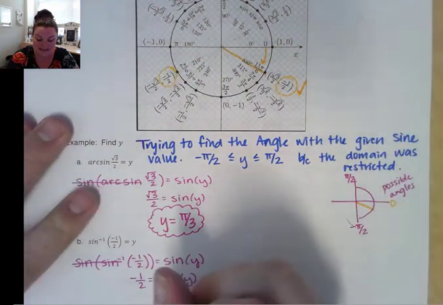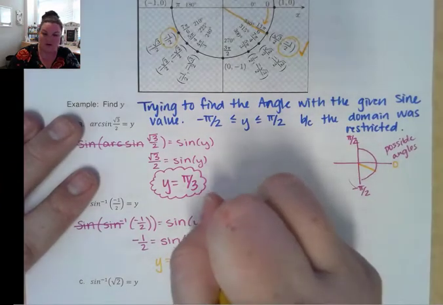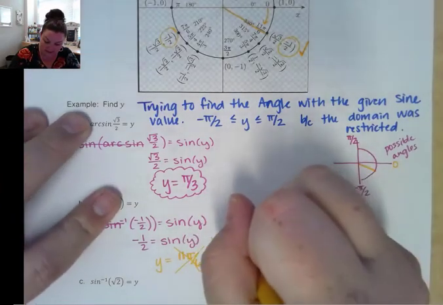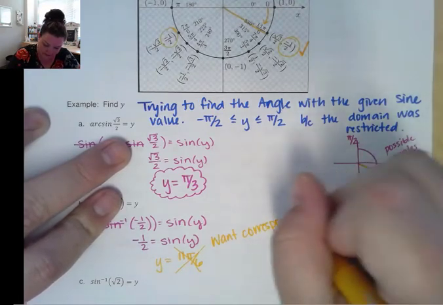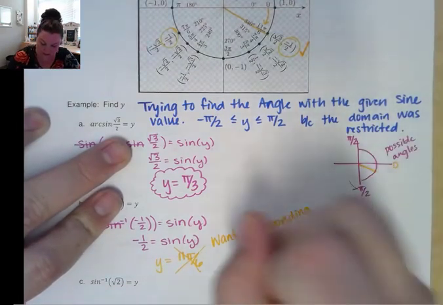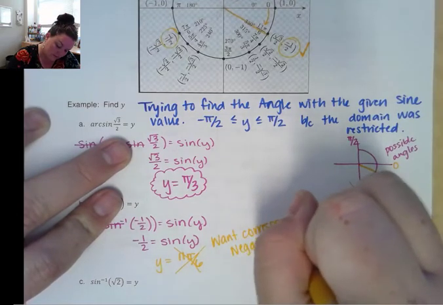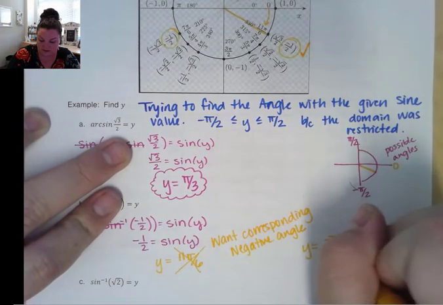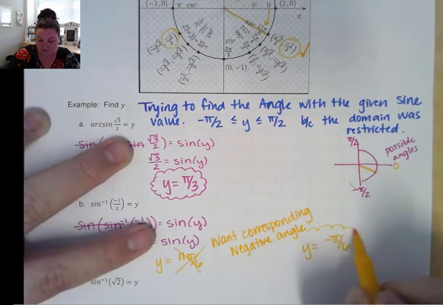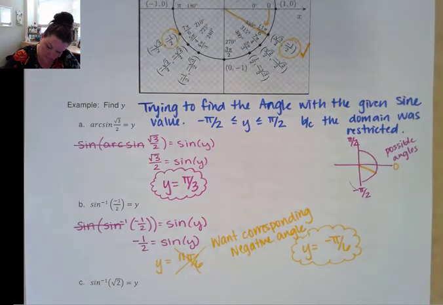But this is going in the negative direction, pi over 6. So I'm going to mark this out, and I'm going to say we want the corresponding negative angle. So that means that y is equal to -pi over 6. Okay.